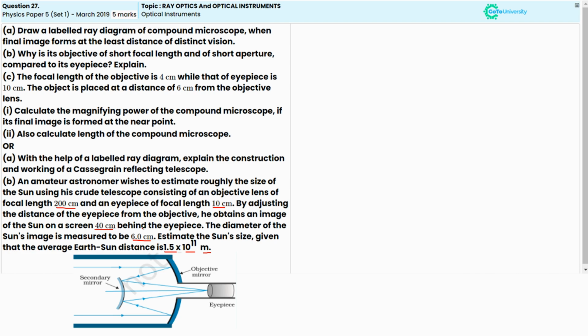Then for the eyepiece it is 1 upon V E minus 1 upon U E is equal to 1 upon F E. Or we can write this as 1 upon U E is equal to 1 upon V E minus 1 upon F E, which is equal to 1 upon 40 minus 1 upon 10.